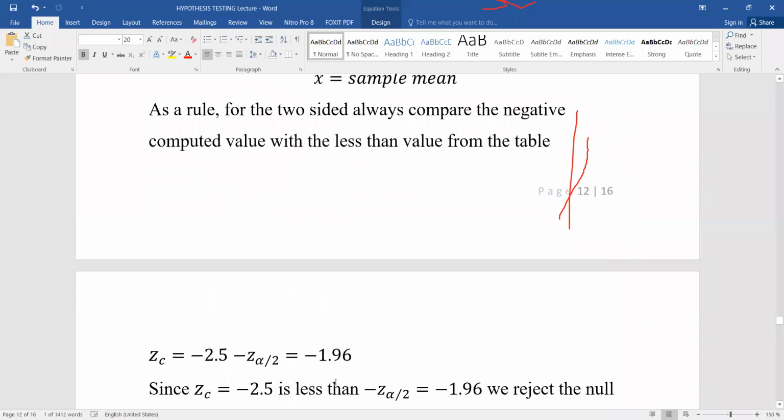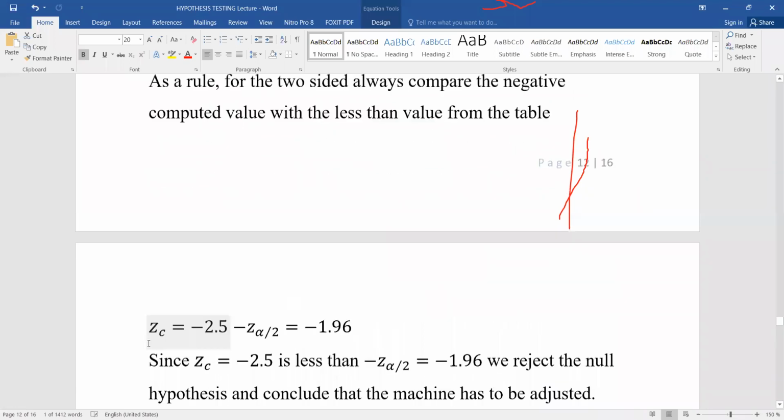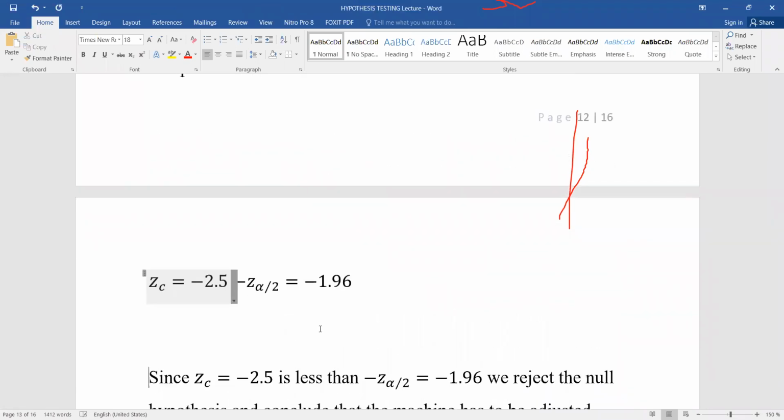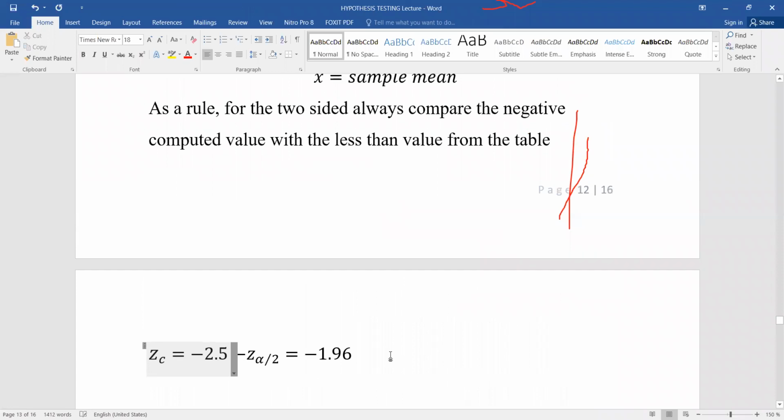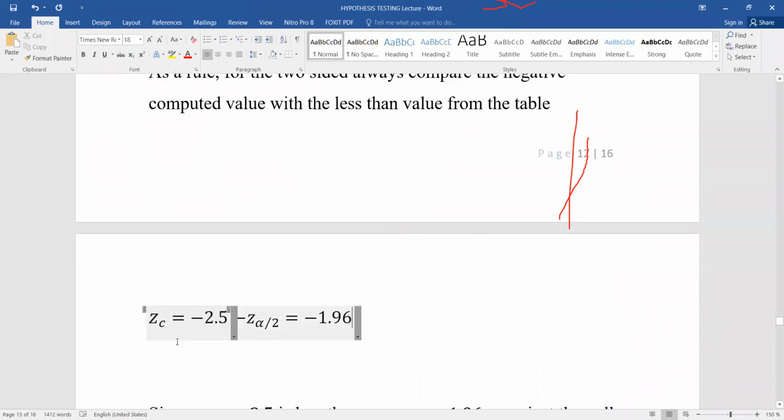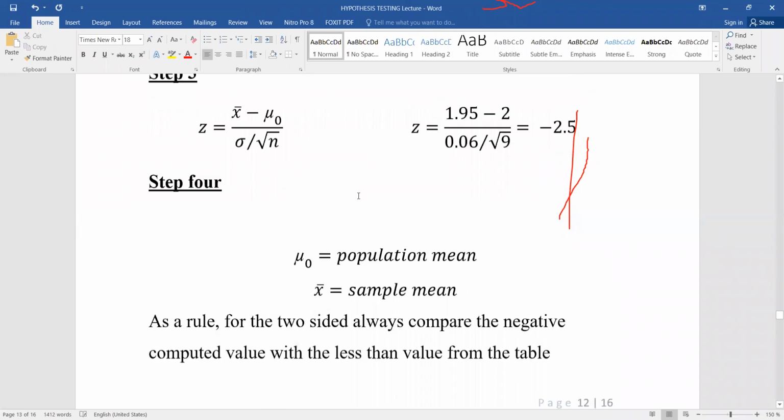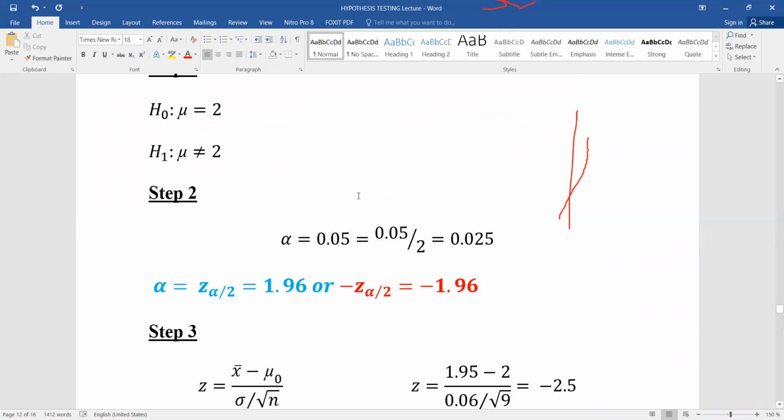So you do your first hearing. We're going to compare Z computed, the negative, with the negative.